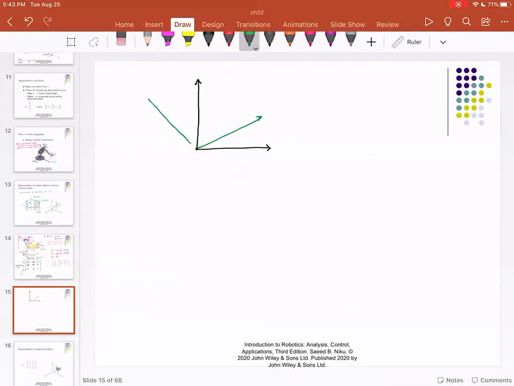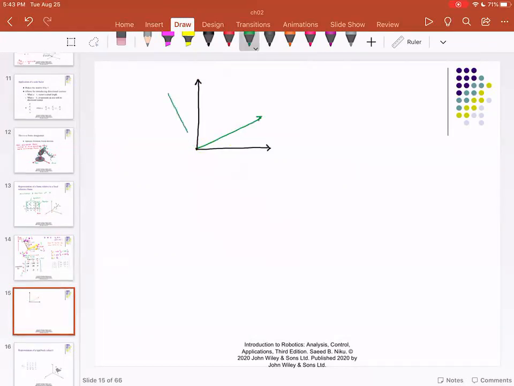I have a new frame. Old frame is x0, y0. New frame is x1, y1, and z0 and z1 coincide. This is theta, this is theta.